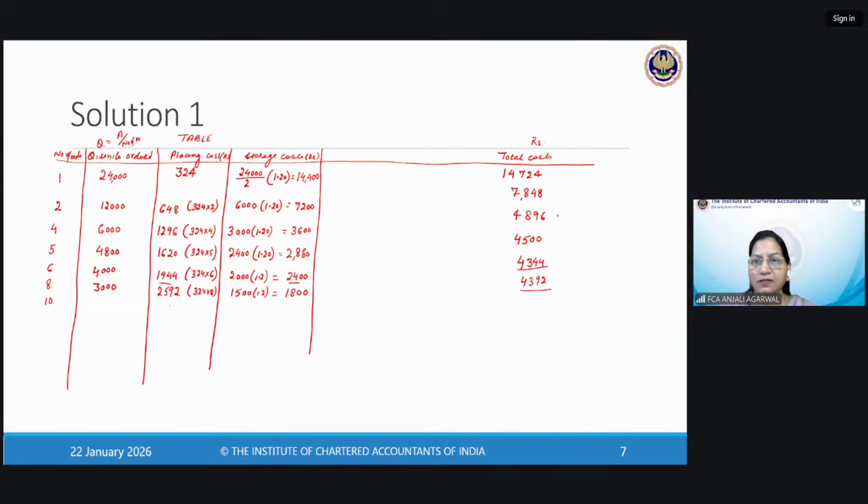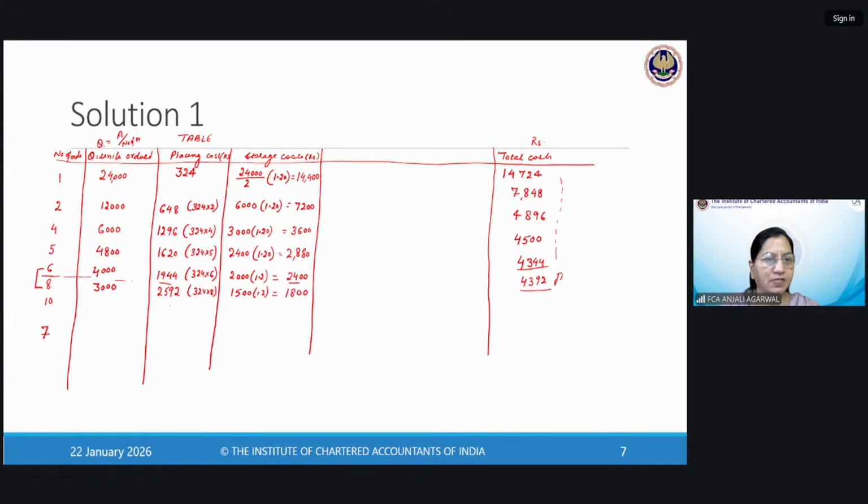So you will see that the total cost will keep on decreasing up to a point, and then it starts increasing again. So the number of orders placed is somewhere between 6 and 8. Maybe it could be 7 also. That will give us a fraction, so maybe that could be the answer. So this is how you calculate how many units should be ordered or how many orders you should place. Somewhere in between we will get the answer, which the table is not showing.